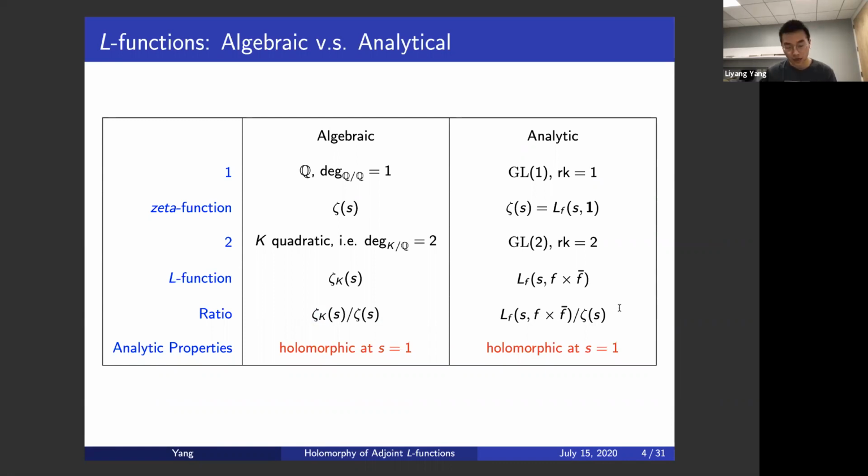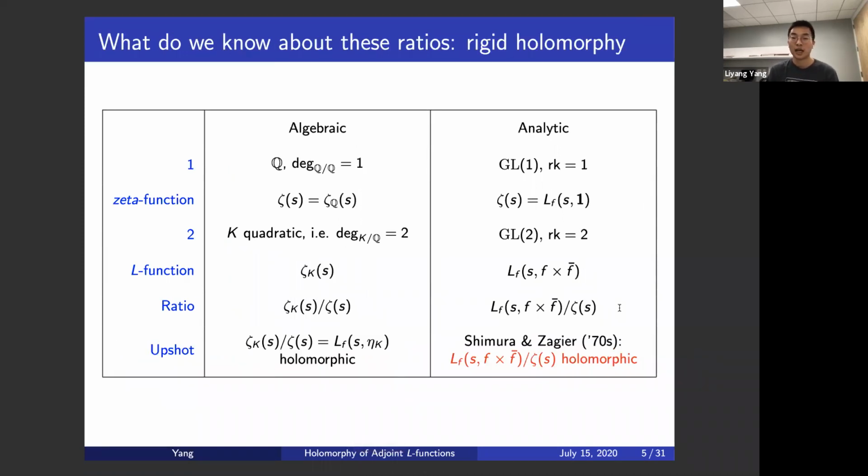But Selberg's principle actually predicts much more. It predicts that if these ratios are holomorphic at this single point, they should be holomorphic everywhere. That provides a quite rigid holomorphy of these L functions in the Selberg class.